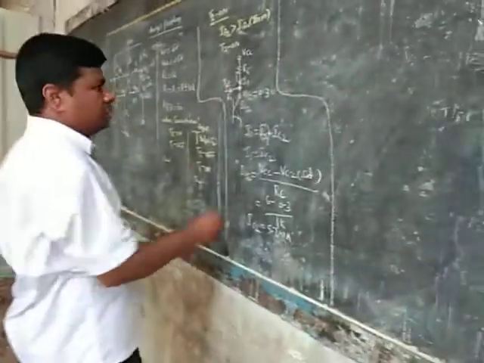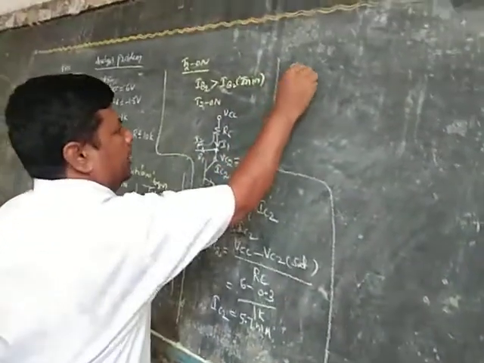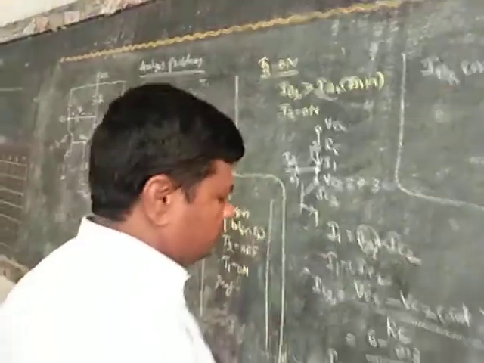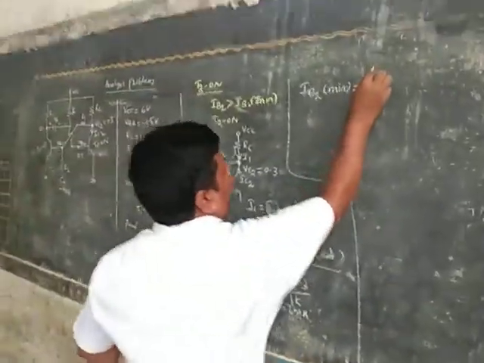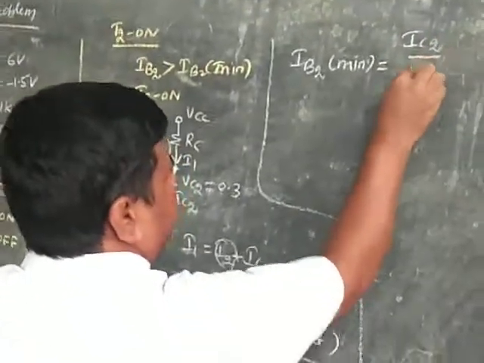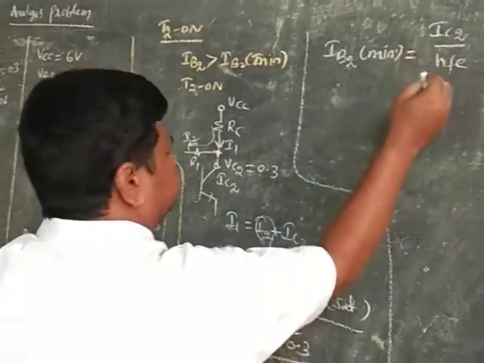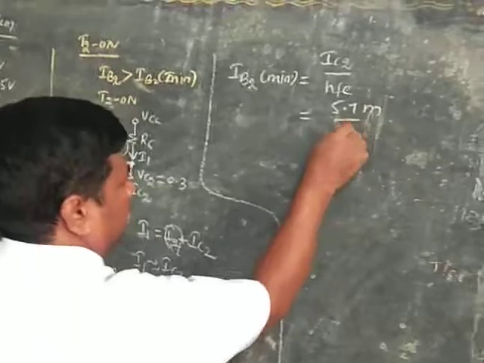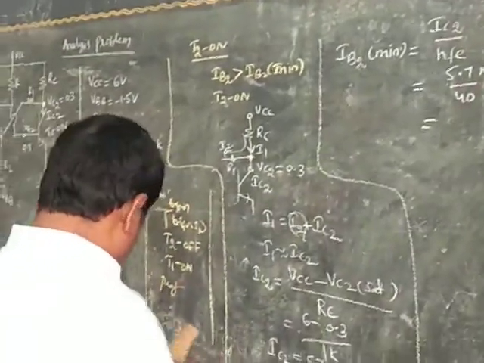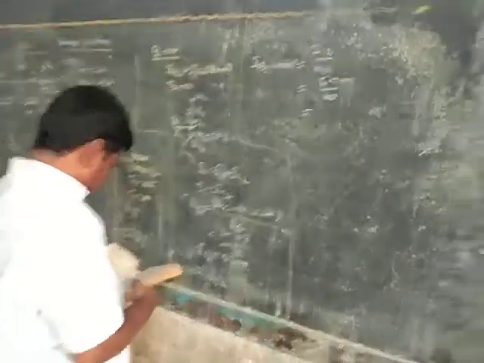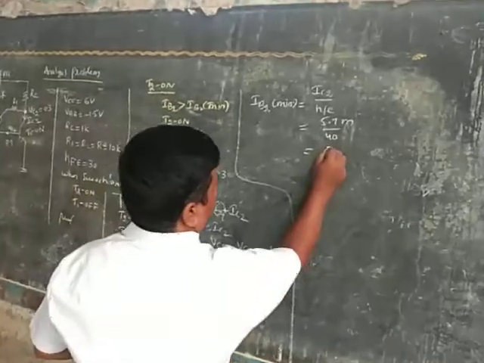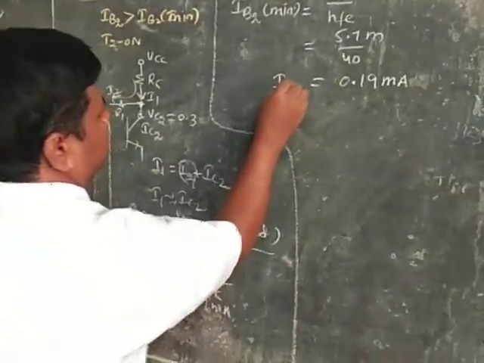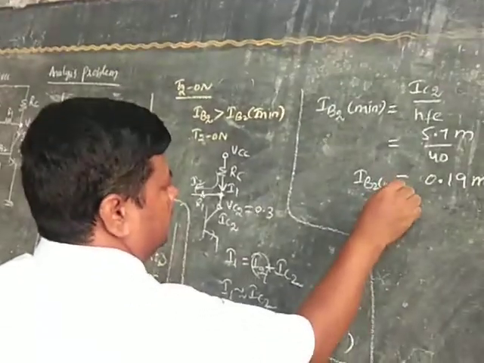Once you know the IC2 current, find IB2 minimum. IB2 minimum is equal to IC2 by hFE, which is 5.7 milli by 30, approximately 0.19 milliamperes. This is IB2 minimum.